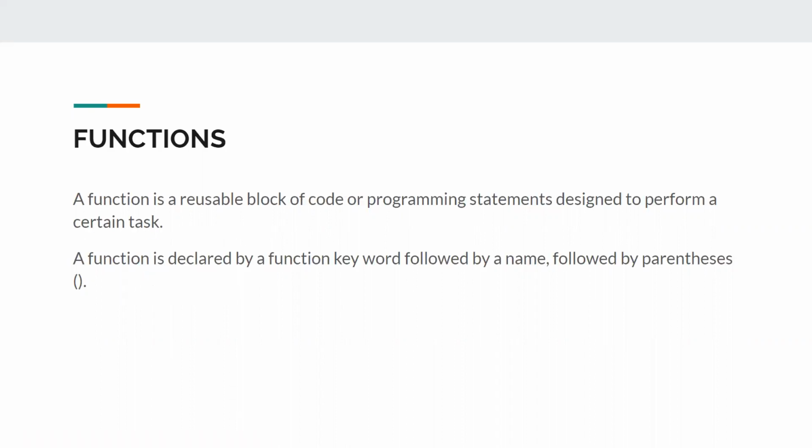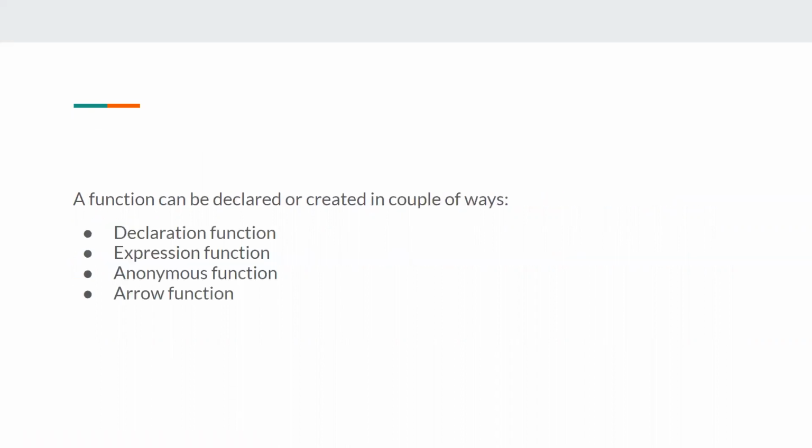We'll talk about it, don't worry. A function can be declared or created in a couple of ways: declaration function, expression function, anonymous function, arrow function. There's one I forgot to include, the self-invoking function, but we don't need all those now.